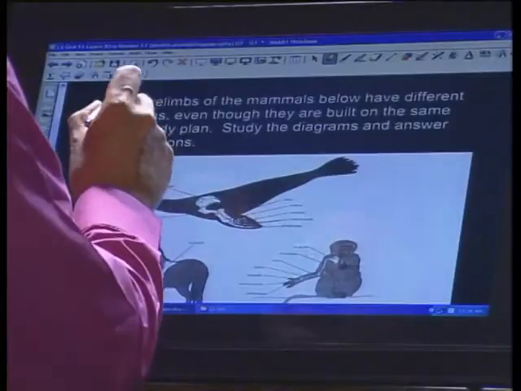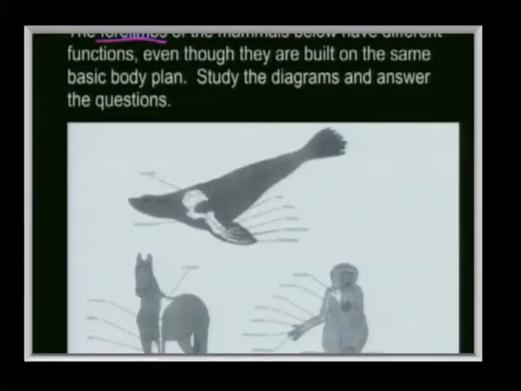So let's just have a look. We're talking about the four limbs of mammals. They have different functions, yes, and they are built on the same body plan. Same basic body plan. Remember, we spoke about it previously.